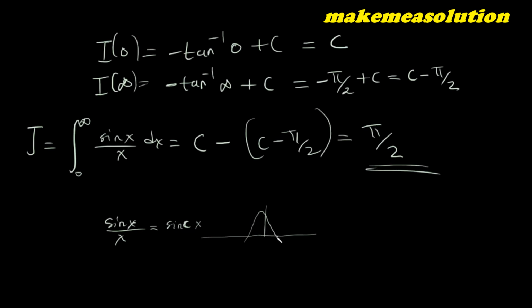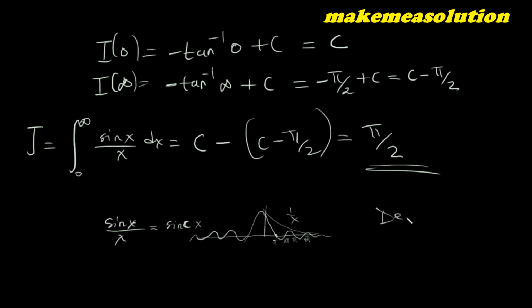It looks like this, and so on and so forth. Each of these crossings is at integer multiples of pi, 2 pi, 3 pi, 4 pi, and so forth. And this falls as 1 over x. So this is the cardinal sinc function.